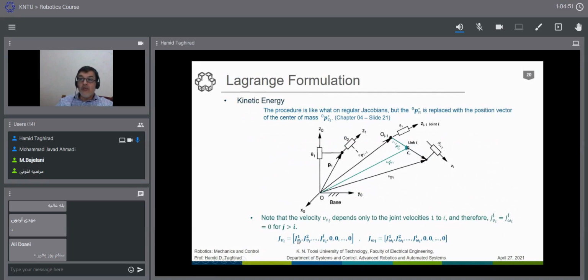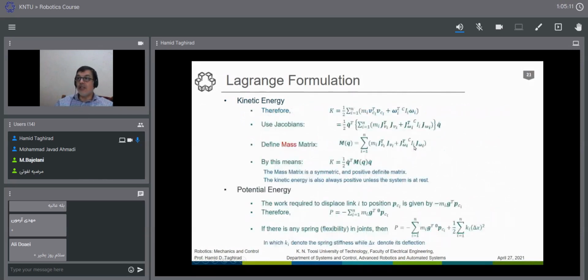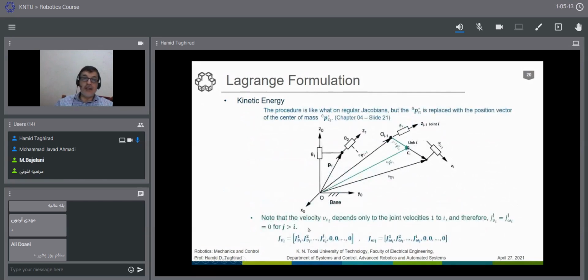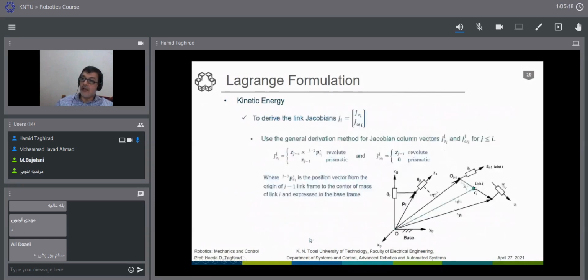So we go one by one to find these columns and then go forward. We start with the first joint and find this one, and then we go to the second joint, and iteratively we can find all the Jacobians in here, which is given in detail in the example. It is not quite easy, not quite hard. The only thing is to find the PCIs and do this component-wise.